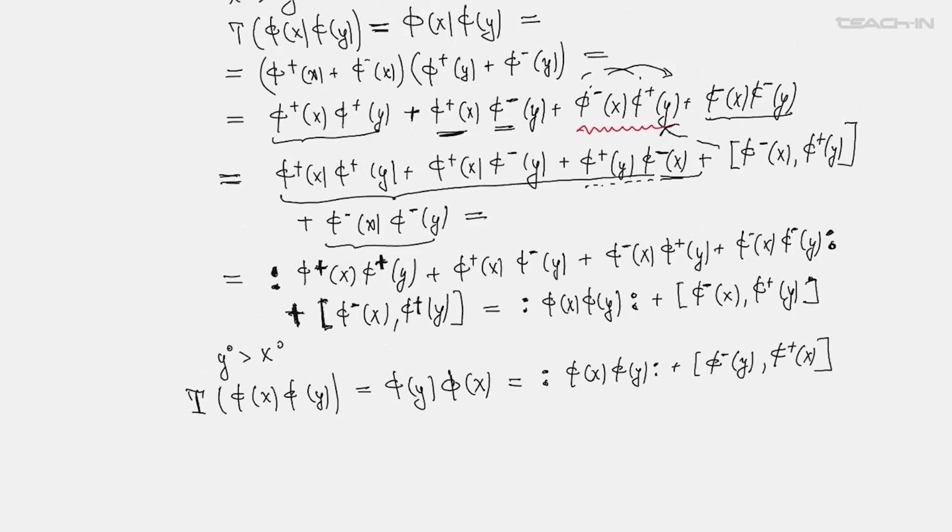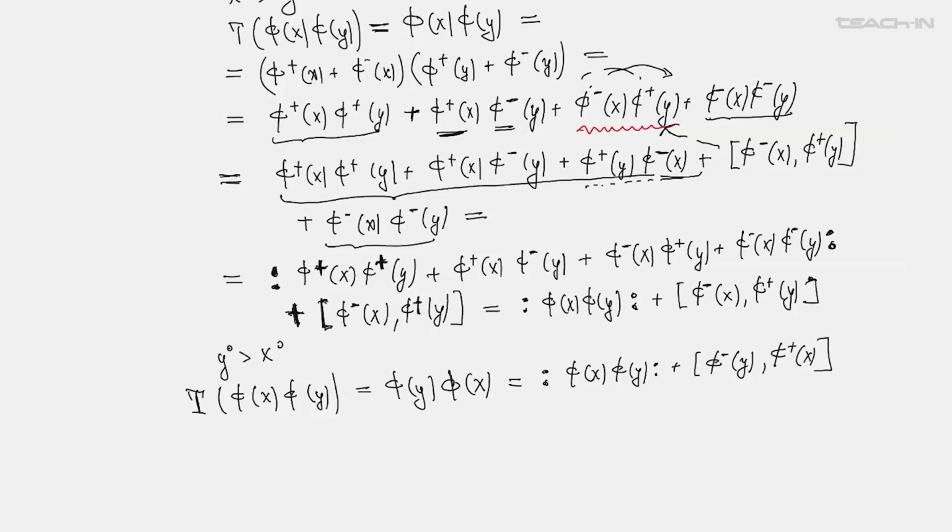Because as soon as you put the fields under the sign of normal ordering, this means that when you would like to write them as explicit operators acting on the Fock space, you always have to write them in such a form that all annihilation operators should be to the right from all the creation operators.